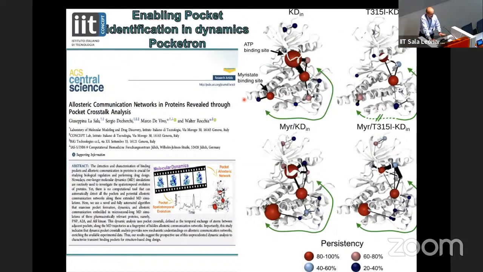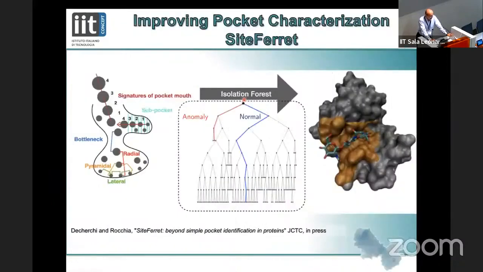By means of NanoShaper, we were able to build surfaces to have a better visualization tool, to improve the Poisson-Boltzmann calculation, to identify potential pockets, and to analyze their evolution during molecular dynamics simulation by means of Pocketron, which relies on NanoShaper for pocket definition.